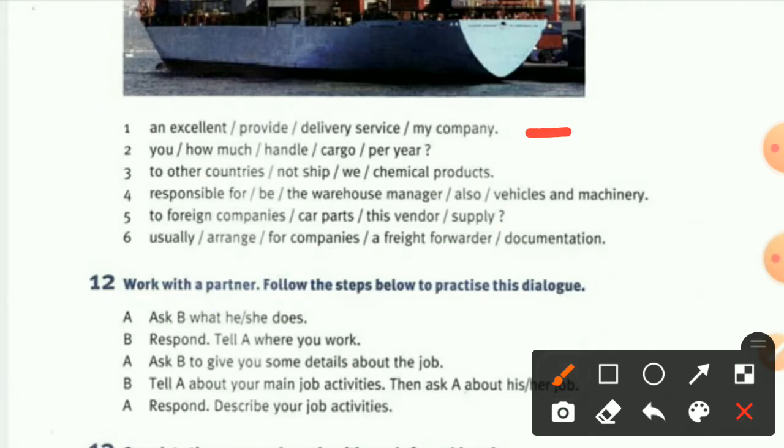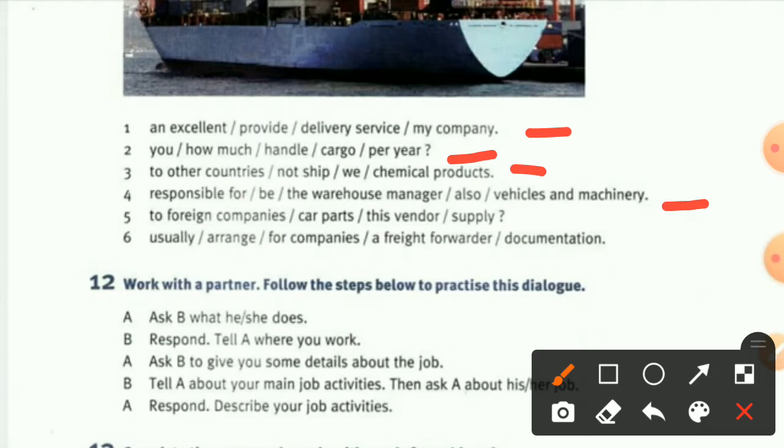The first one: we, an excellent, provide, delivery service, my company. Second: you, how much, handle, cargo, per year. The next: to, other countries, not, ship, we, chemical products.